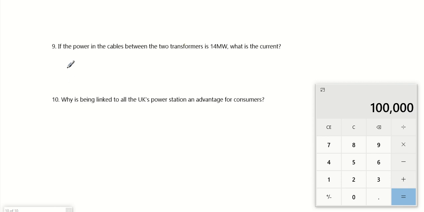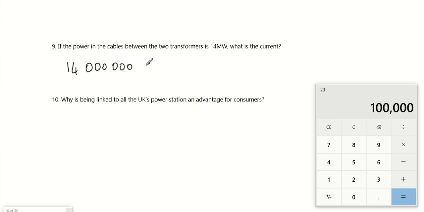Okay, question 9. If the power of the cables between the two transformers is 14 megawatts, what is the current? So power is 14 mega, so we go kilo, mega, 14,000 thousands.